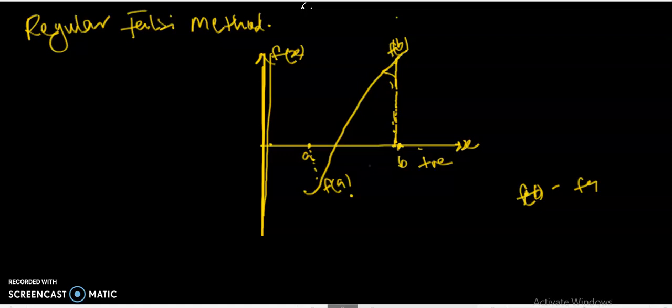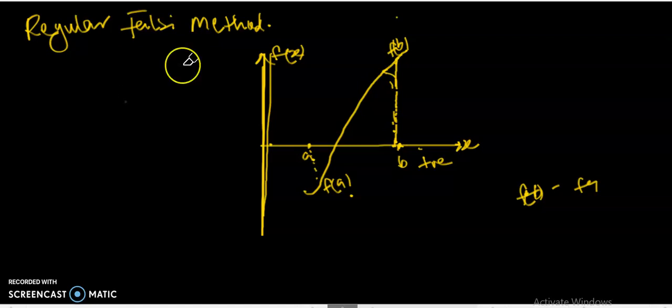So this is the initial position, and our f of a and f of b help us to consider the straight line equation. Remember, like I said earlier, we use this method to find the value of x for which f of x reaches 0. So let us see the derivation.